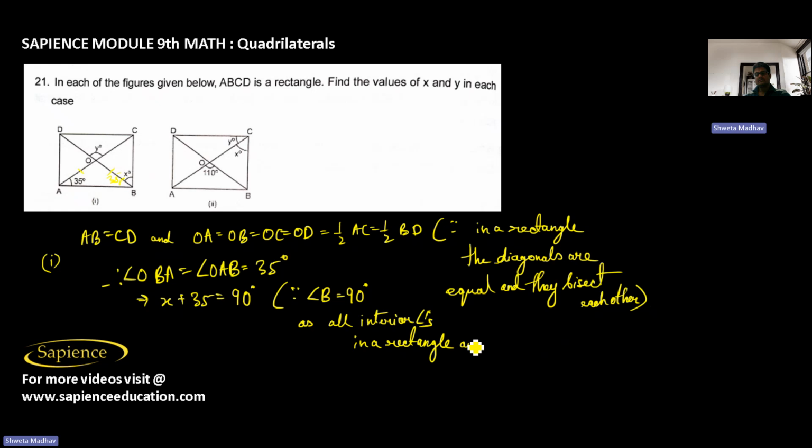Therefore x will be equal to 90 minus 35, which is 55 degrees.